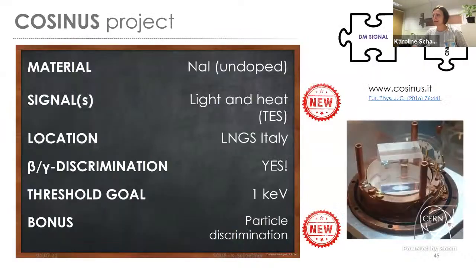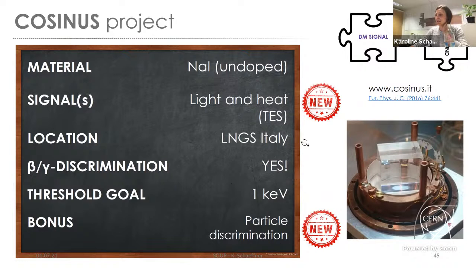And of course, as long as you don't have such clean crystals, it's difficult to do an experiment. Then I would like to mention COSINUS, which is the project I'm also involved in. It's a new project, completely different from the other sodium iodide searches, as it doesn't do a scintillator experiment at room temperature, but is a cryogenic experiment measuring the heat signal and the light signal. It will be installed at LNGS starting in September.